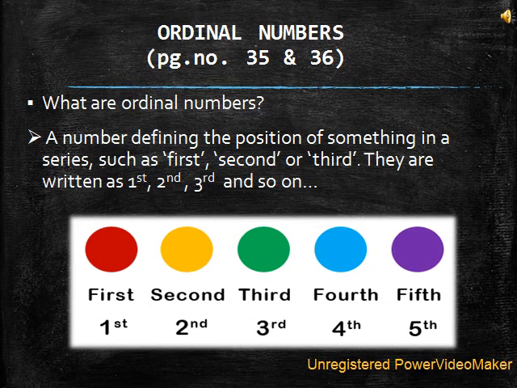Take care of one thing, students: you have to learn the spellings of ordinal numbers, because these spellings are a bit different from the number names. But they are very easy. You already know 1, 2, 3, 4, 5. So we call it first, second, third, fourth, fifth.